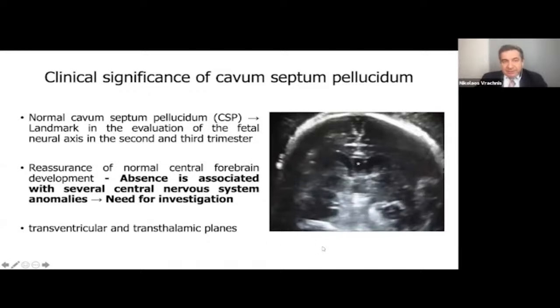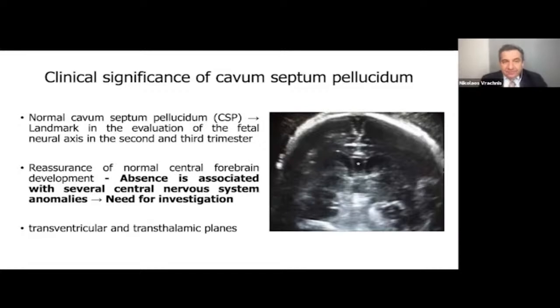The cavum septum pellucidum is important as it is a landmark in the evaluation of the fetal neural axis in the second and third trimester.